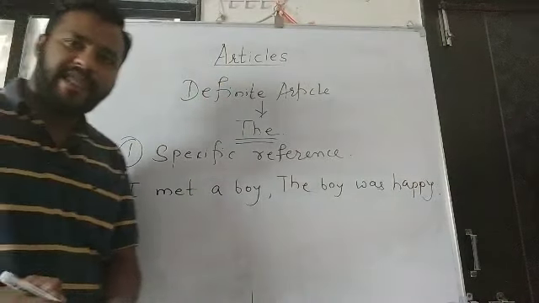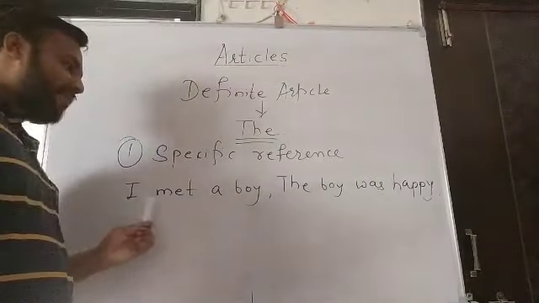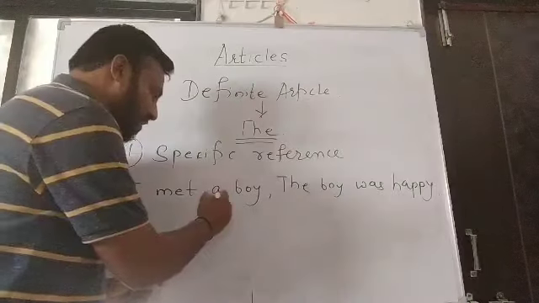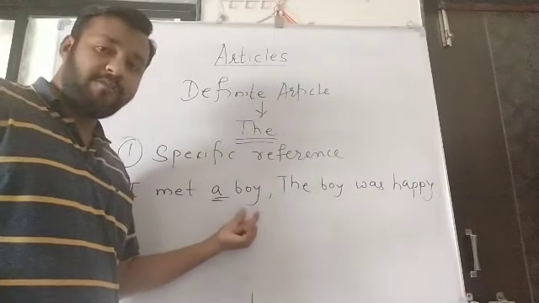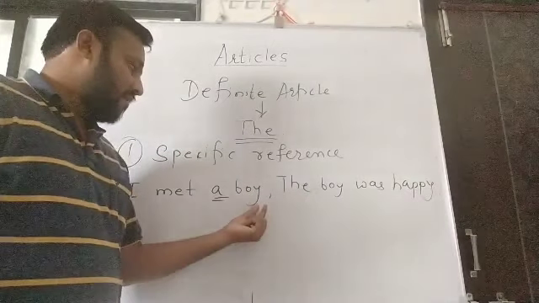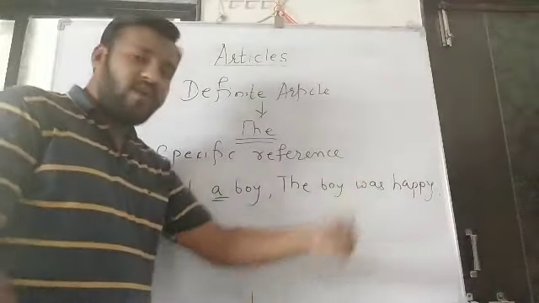See friends, I have written one example on the board. I met a boy. Here, in the first sentence, I have used the article a in front of boy, comma, the boy was happy.